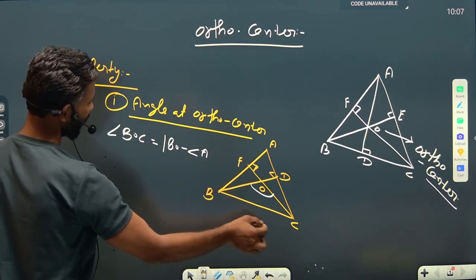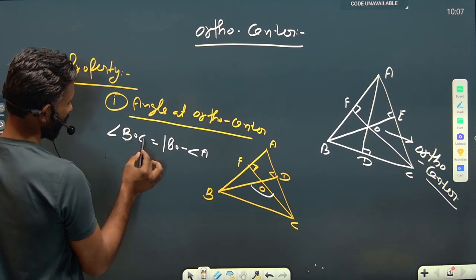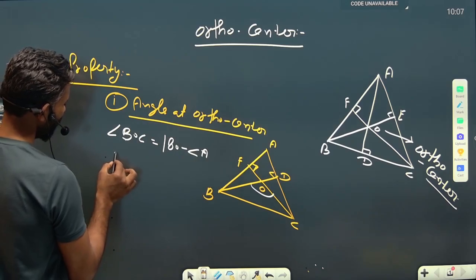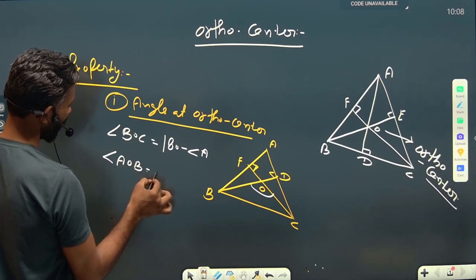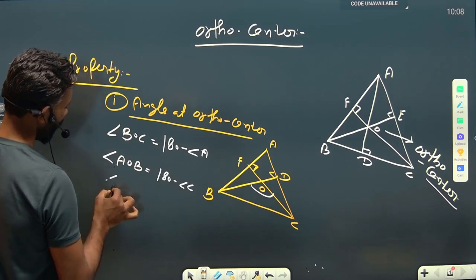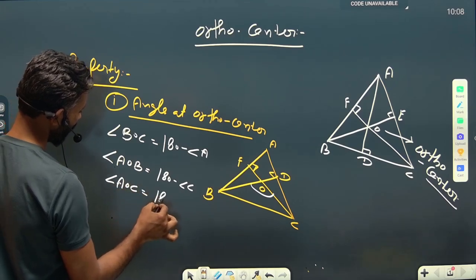Here the name of the triangle is ABC and two vertices B and C are used, so 180 minus the remaining vertex. If the examiner asks you angle AOB, where O is the orthocenter, you can say 180 minus angle C. If you have to calculate angle AOC, it will be equal to 180 minus angle B.